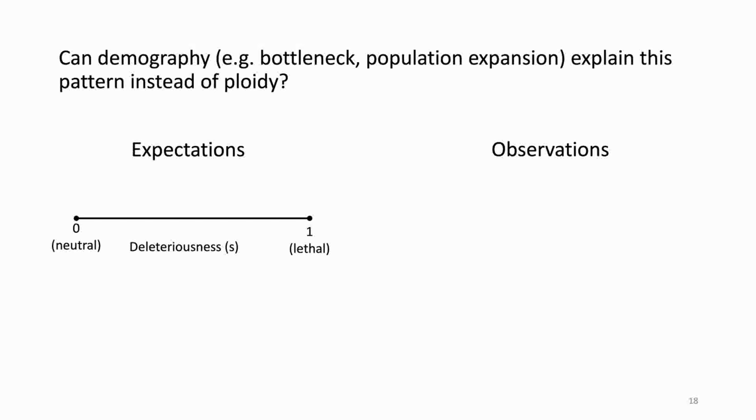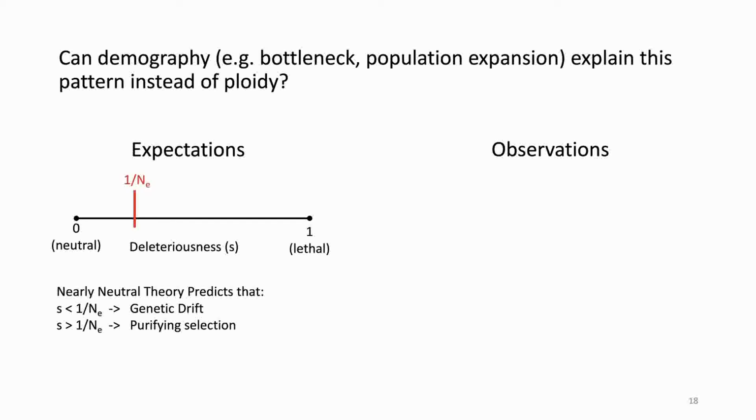So if we were to look at a mutation that has a deleterious score of S, and we know what its effective population size is, anytime that deleteriousness is less than 1 over the effective population size, it's going to be controlled by genetic drift, according to the nearly neutral theory. And if that selection coefficient is greater than 1 over the effective population size, then it will be subjected to purifying selection and removed from the population.